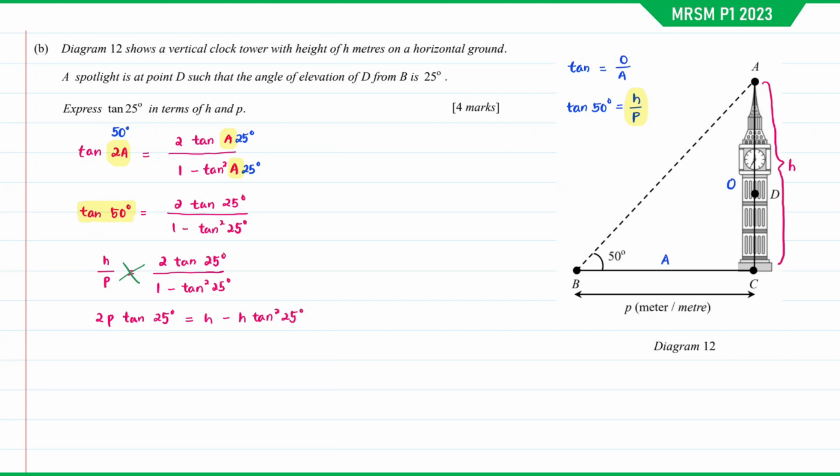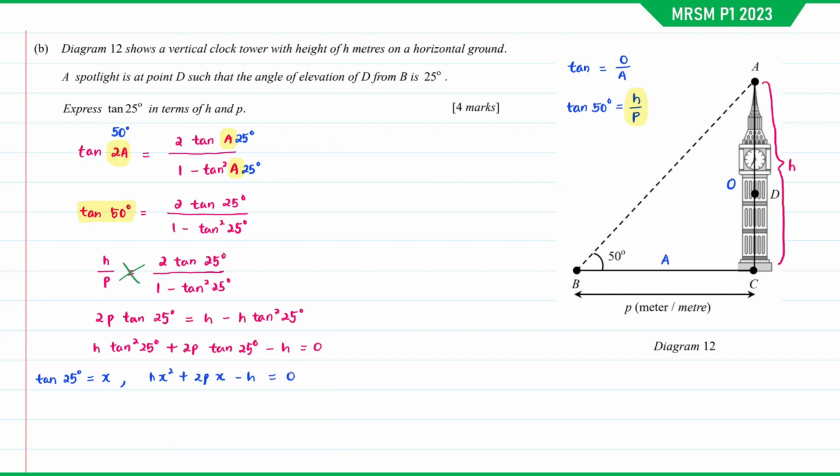Now we can treat this as a quadratic equation. We're going to move everything to the left hand side. Then we get h tan²25 degrees plus 2p tan 25 degrees minus h equal to 0.